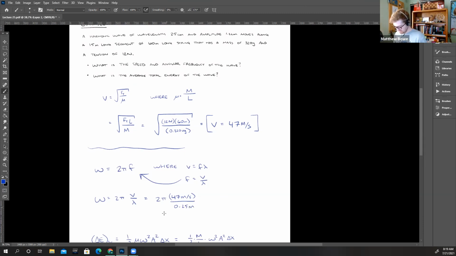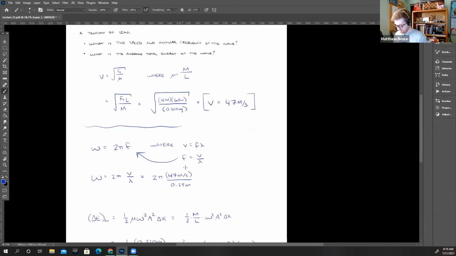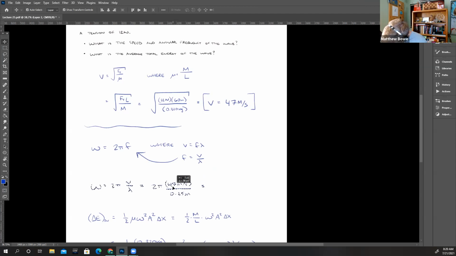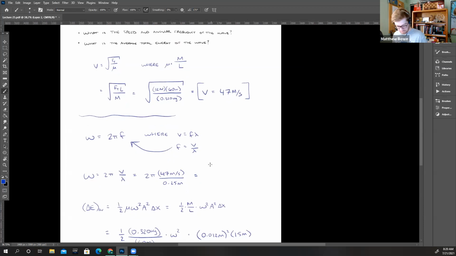Okay, in this case the unit of meters cancels out. So we have a total result. So omega, the angular frequency, equals 190 per second.